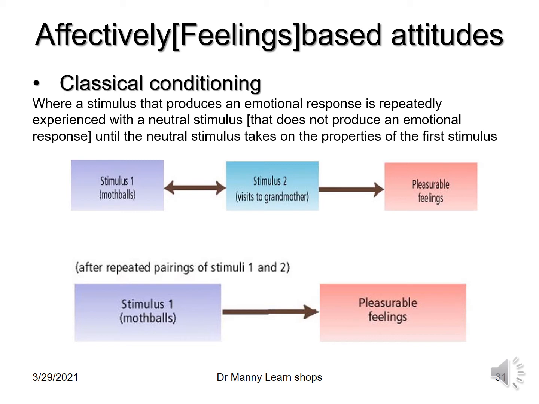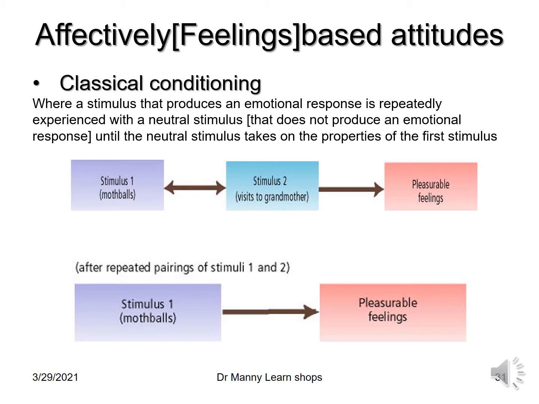Okay, let's review the two main types of conditioning. You've got affectively or feeling-based attitudes. This is classical conditioning. And classical conditioning is also known as Pavlovian or respondent conditioning. And it refers to a learning procedure in which there's a biologically potent stimulus, like for example food, and it's paired with a previously neutral stimulus such as a bell.